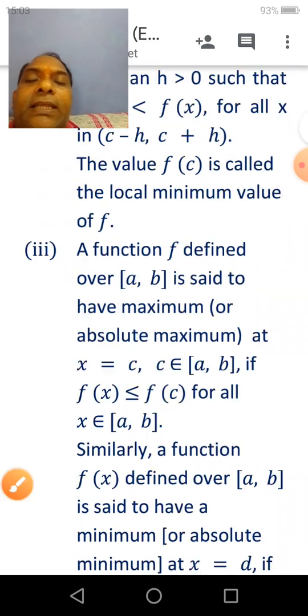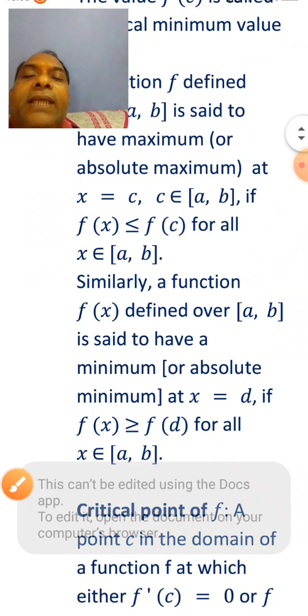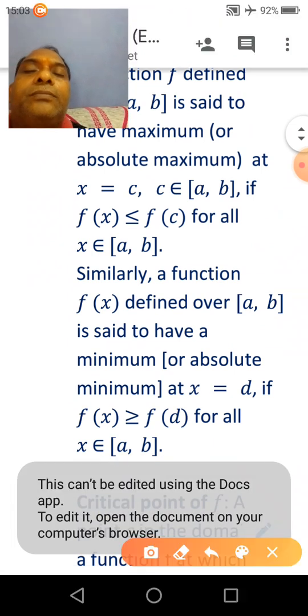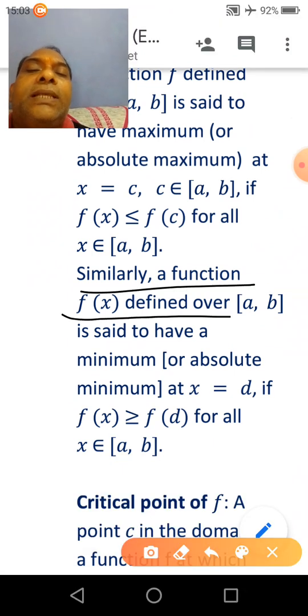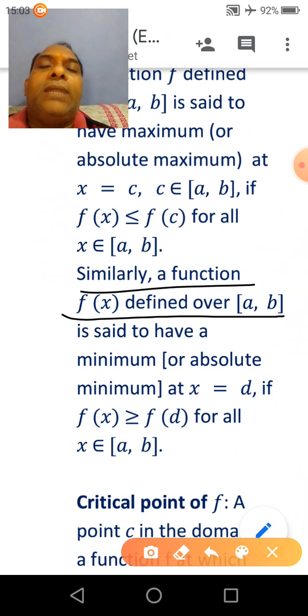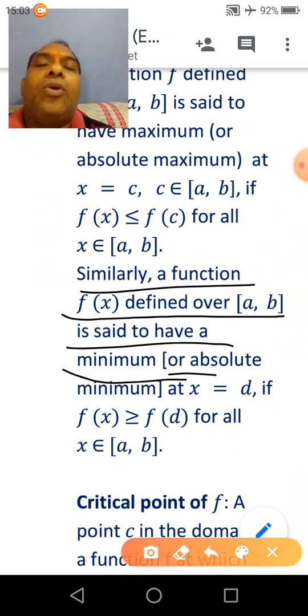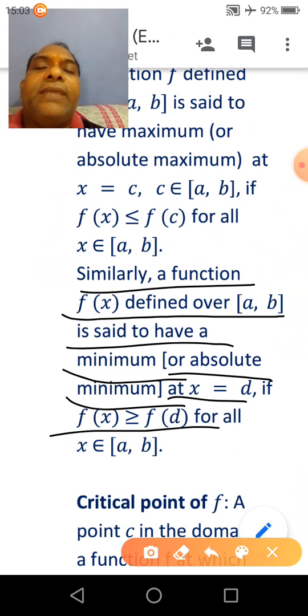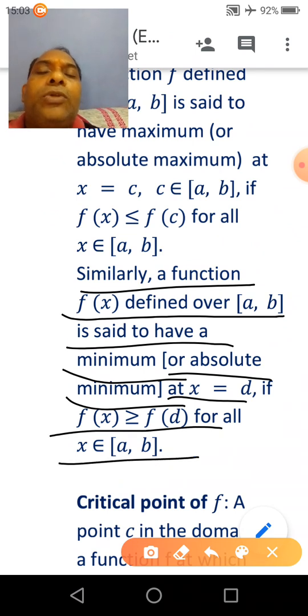Similarly, a function f(x) defined over closed interval [a, b] is said to have minimum or absolute minimum at x equal to d if f(x) is greater than or equal to f(d) for all x belonging to [a, b]. Clear?